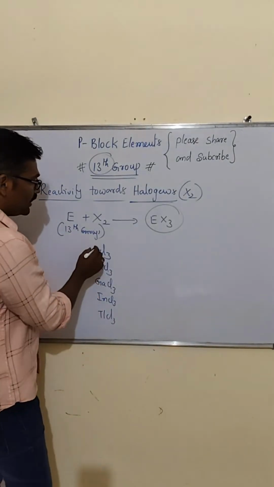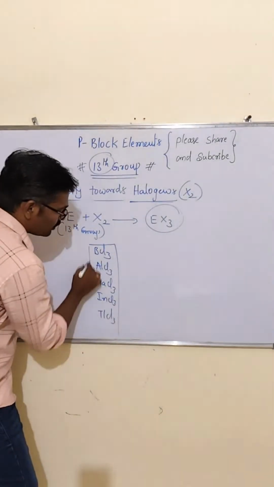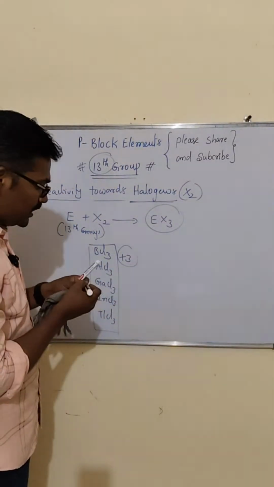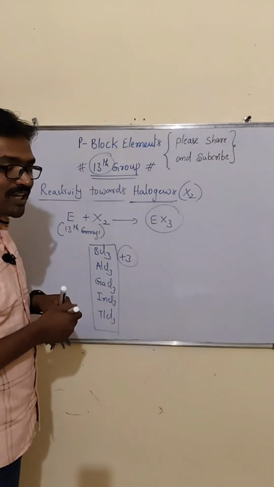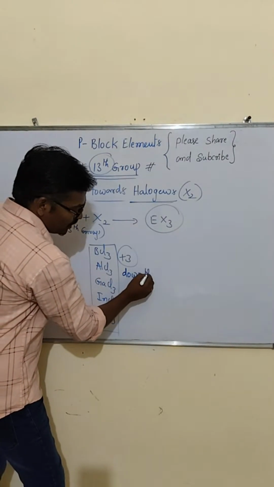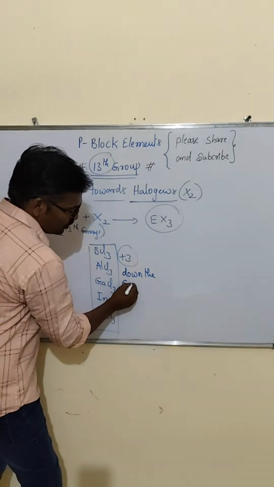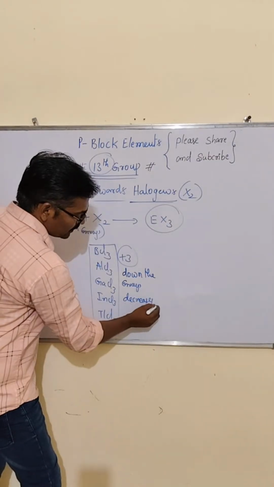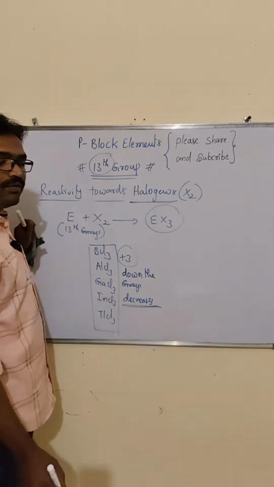Even here, all have the +3 oxidation state, which decreases down the group, right? The reason for the decrease is the inert pair effect.